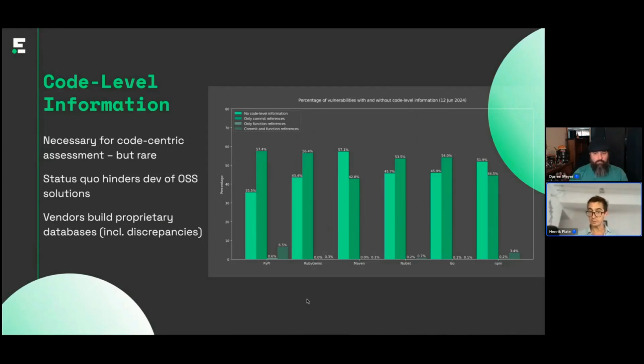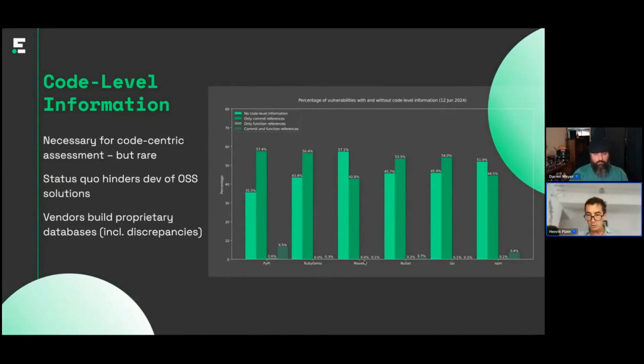So again, you see this per ecosystem. Let's have a look at Maven. We see that in 57% of the cases, there's no code level information at all. In 42% of the cases, there are commit references, meaning we have the commit identifiers, the fixed commits, those that were done by the project maintainers to overcome a vulnerability, and you can infer the affected functions from those.